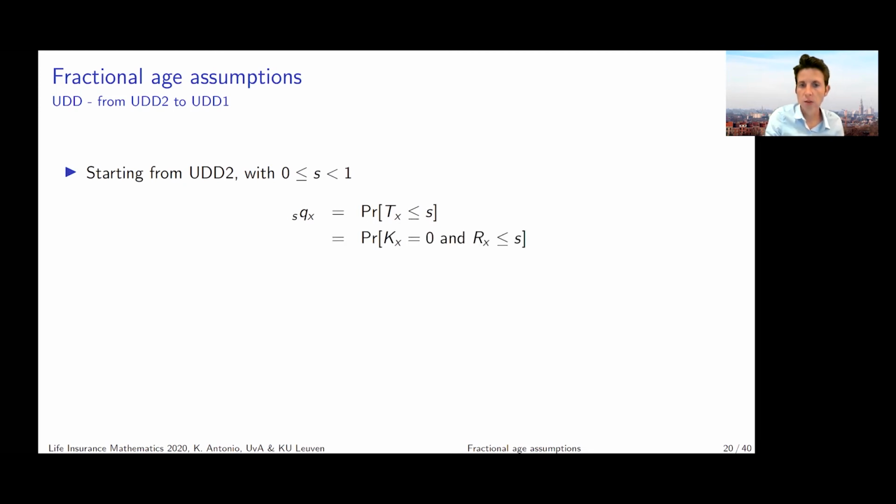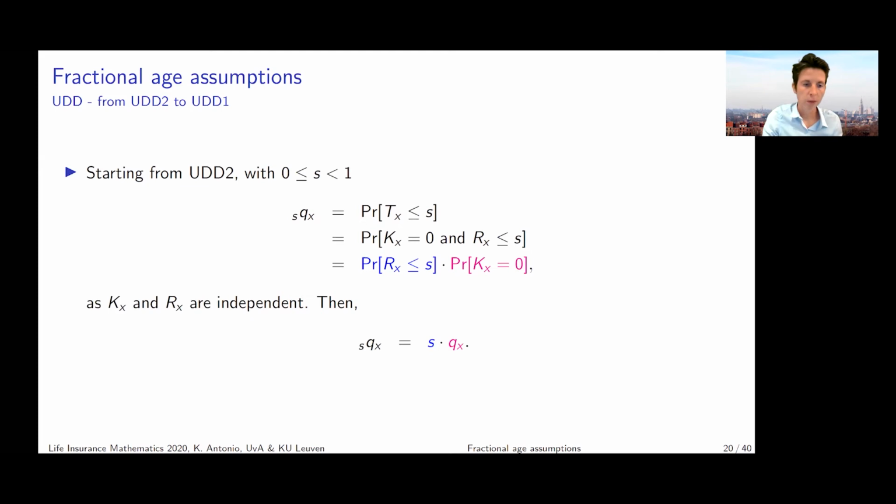How you want to say something about what's happening in between two integer ages. If Tx is less than or equal to s, well, then we can say that the Kx should be 0, right? Because if the Tx is below a number s that is smaller than 1, then the Kx, the integer part of the future lifetime, should be equal to 0. Then the Rx should be less than or equal to s. Now, of course, we know that Kx and Rx are independent, so their joint probability reduces to the product of their marginal probabilities, right?